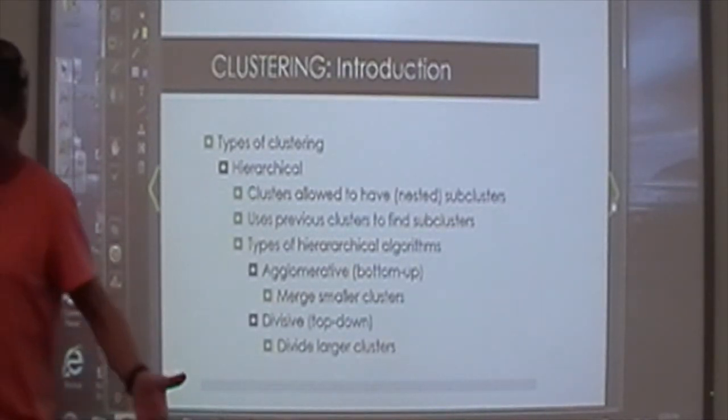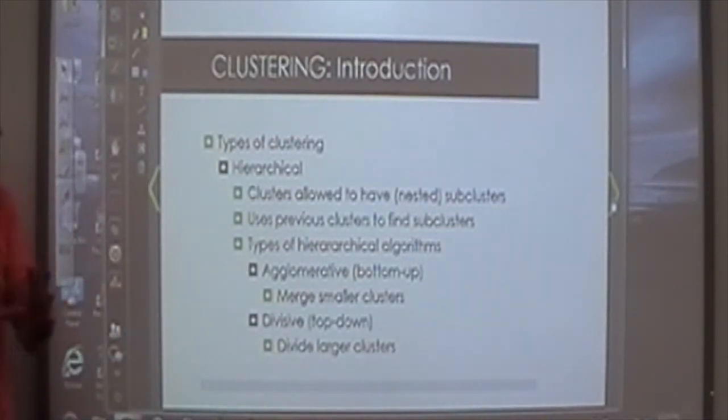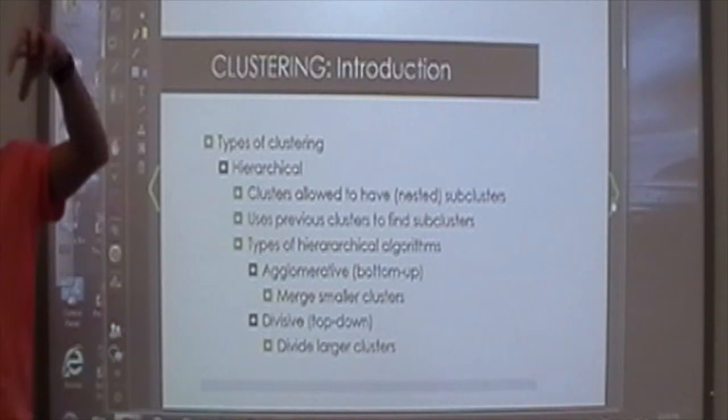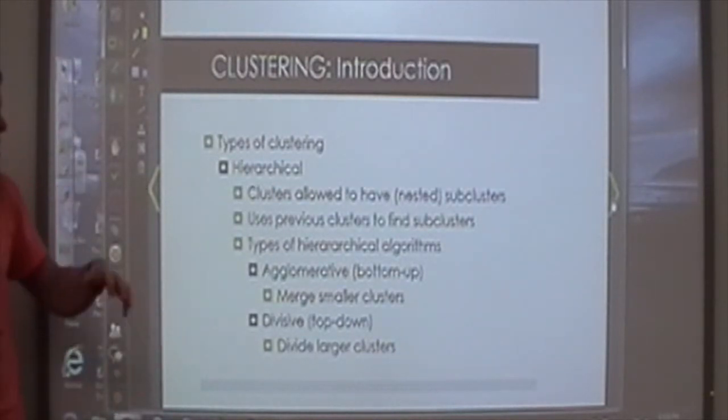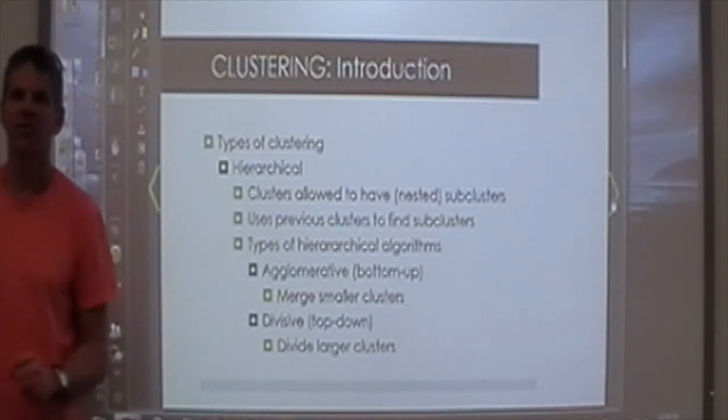One is a bottom-up approach, where you start with small clusters and then combine small clusters together to create super clusters. Or you can do the top-down approach: you start with big clusters and divide them into smaller clusters.